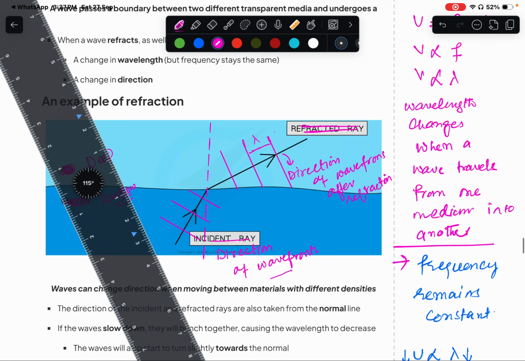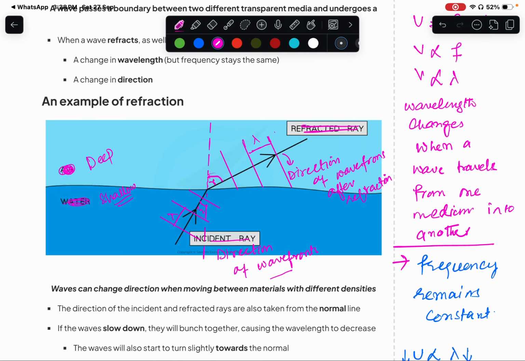Initially it was not that much, but right now the wavelength has been increased. And how are they bending? Look, they are bending away from the normal. Look at this angle, that is the angle of refraction. Let me write this with R. That is R, and this angle is I.